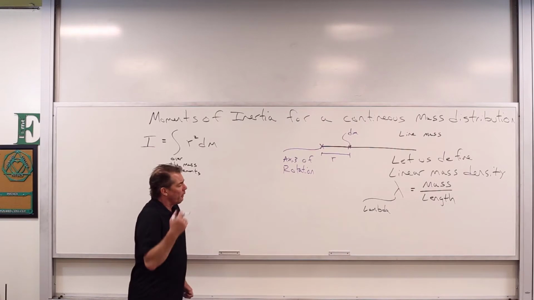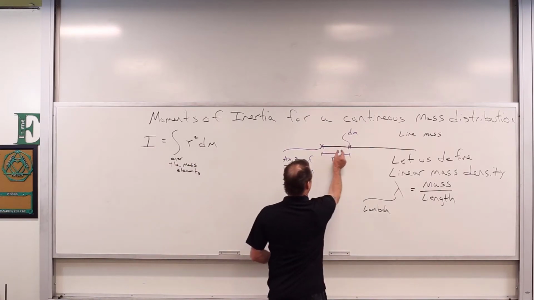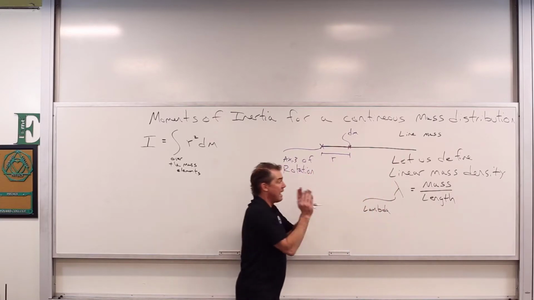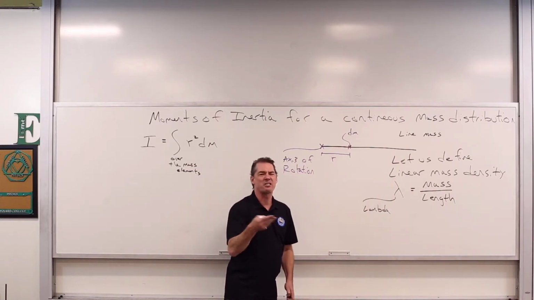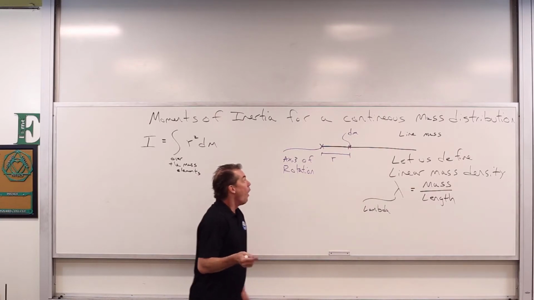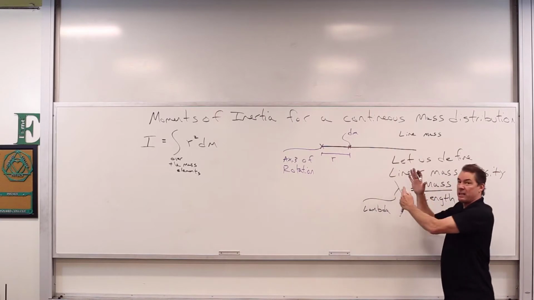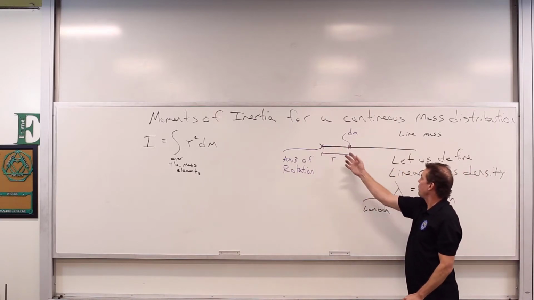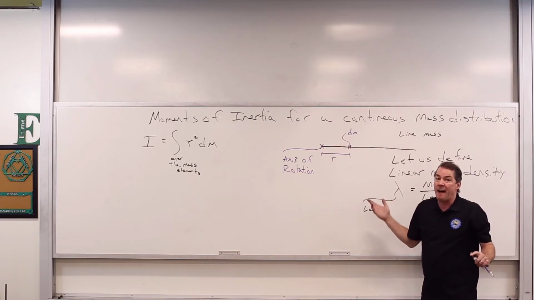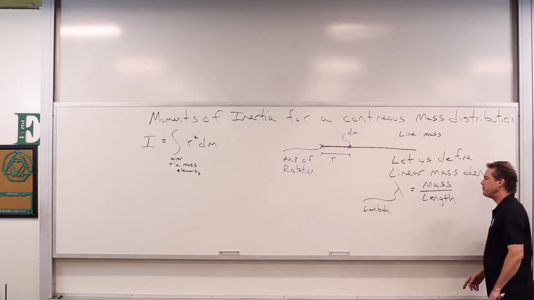Now, linear mass density can be constant, which means you could cut this up into a bunch of equal lengths and you'll have the same amount of mass in each because you've got a constant distribution of mass. Or maybe as you go this way, it gets denser and denser, so that if you cut it into equal lengths, they don't all have the same amount of mass because you've got a variation in the linear mass density.